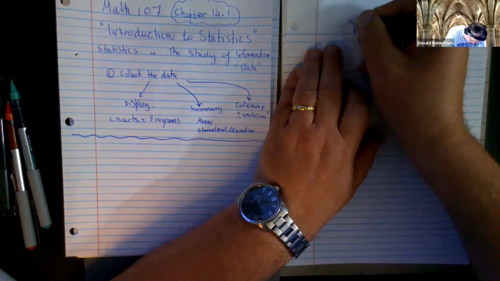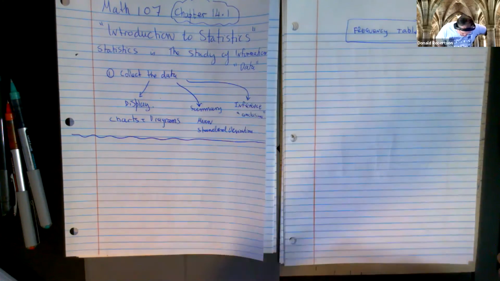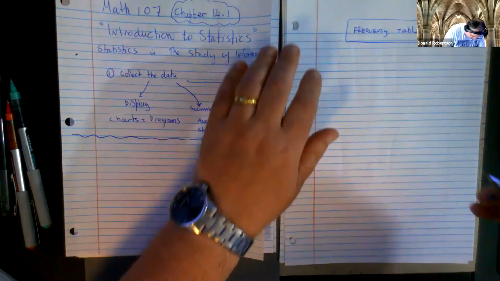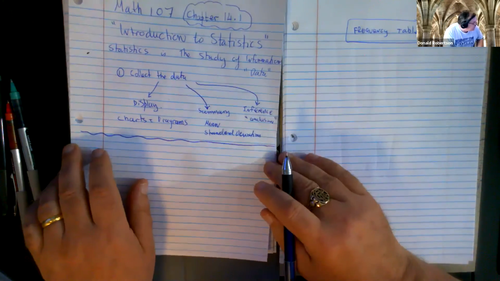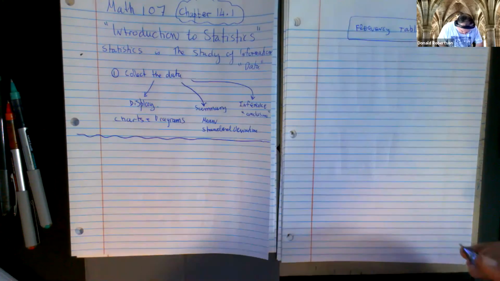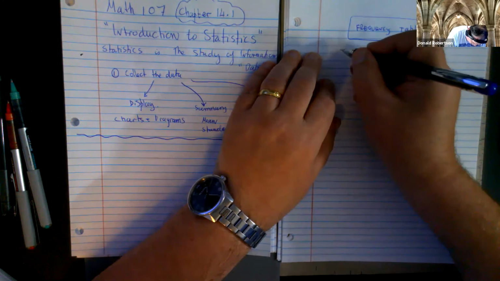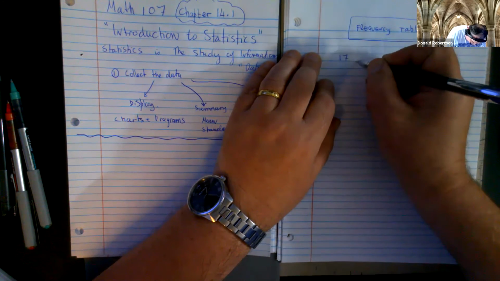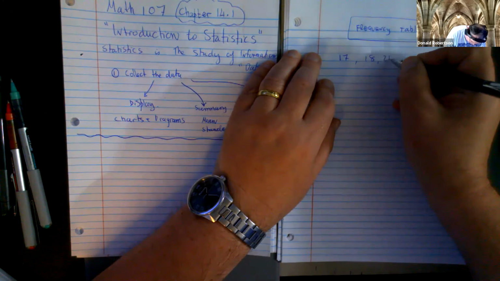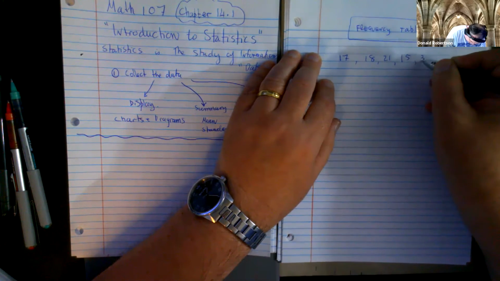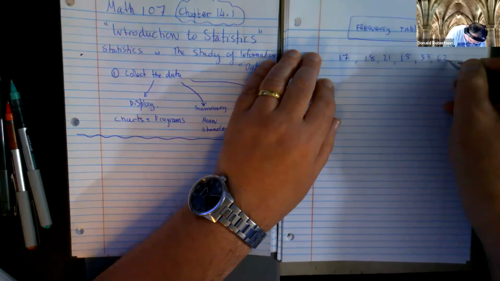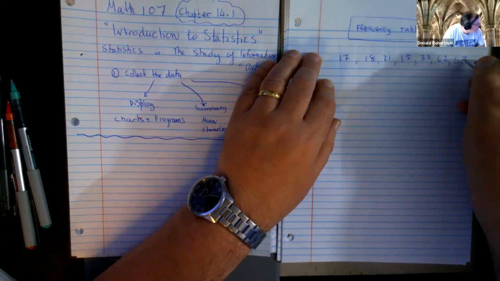It's typically the beginning of statistics. So what you can do is collect data, and I'm going to randomly write down a whole load of numbers. 17, 18, 21, 15, 33, 62, 60, oh, darn it.